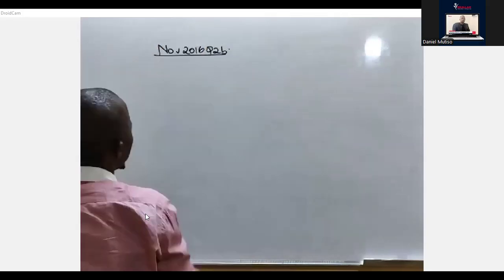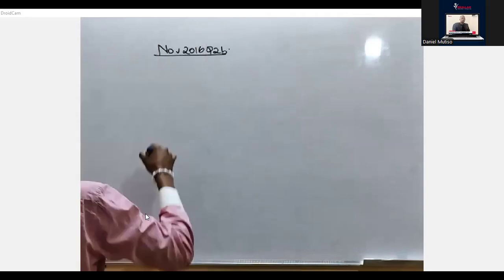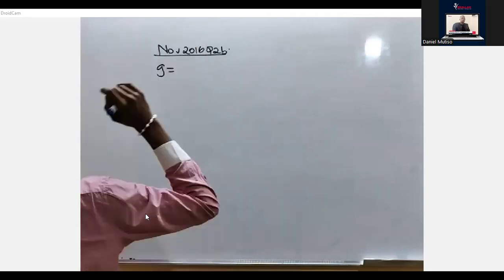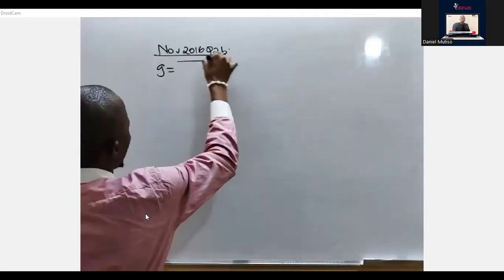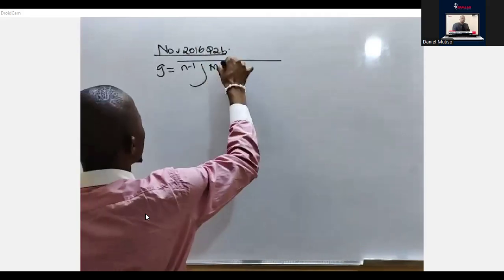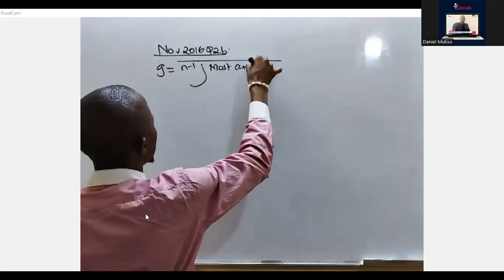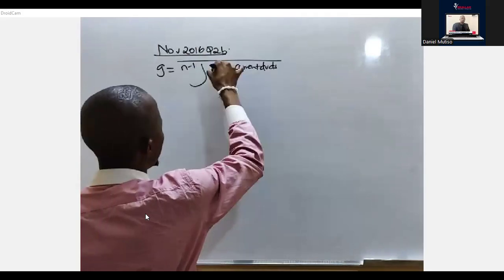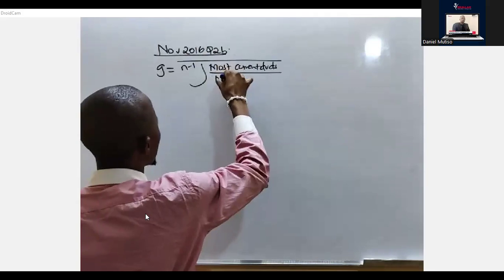The way the question is set, I normally take the root of n minus 1 of the most current dividend divided by the most past, and from all of this we subtract 1.